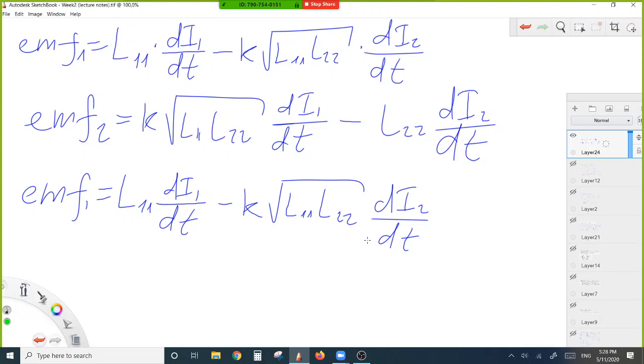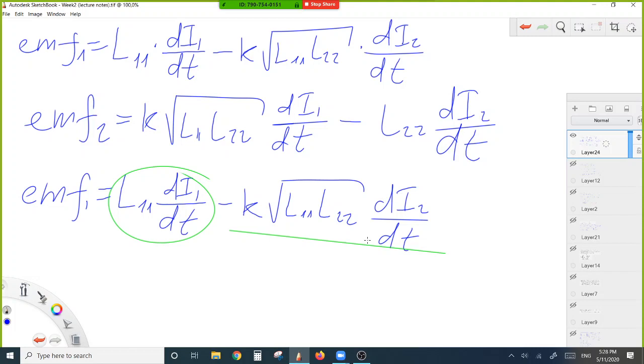So if you pay attention, we have already computed this part. We already know the value of this part. We need to compute only the second part, and then subtract it from the first part.